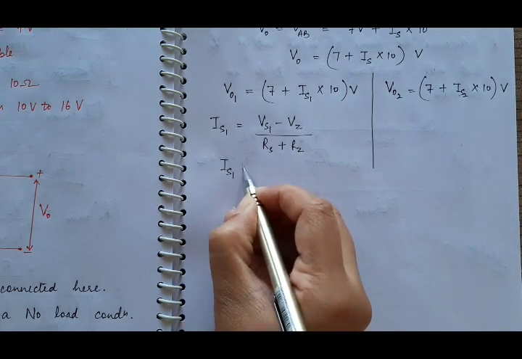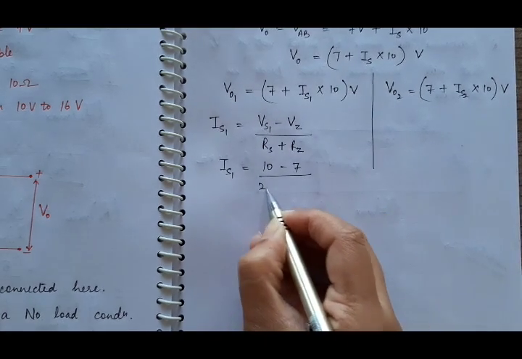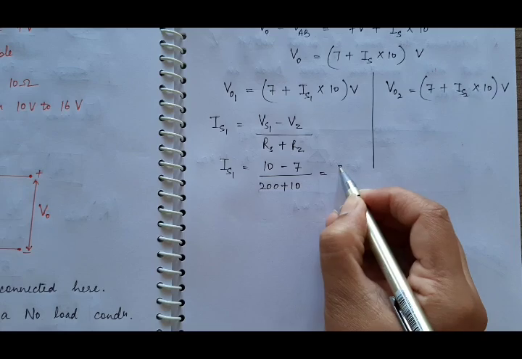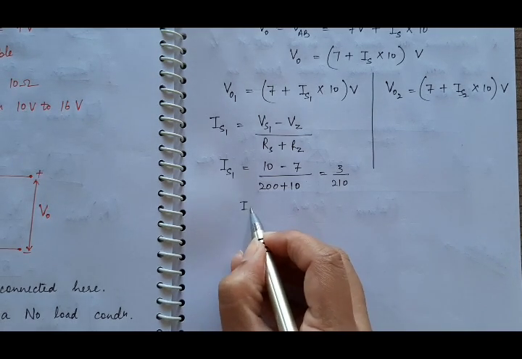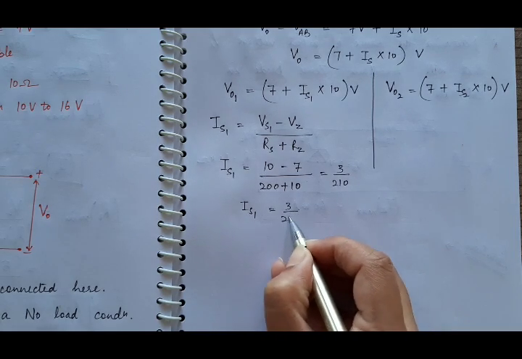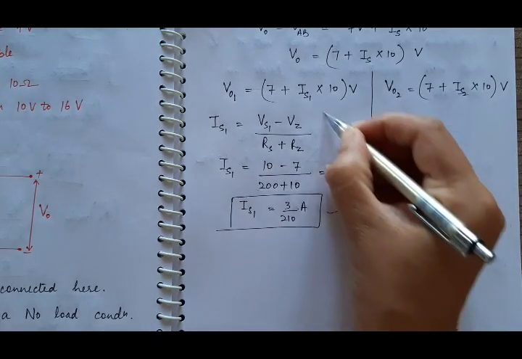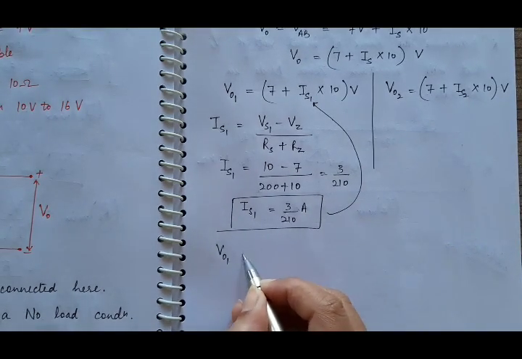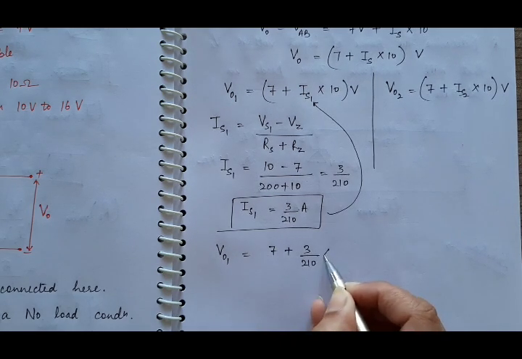So IS1 is 10 minus 7 divided by 200 plus 10. So it will be 3 divided by 210. So IS1 is 3 divided by 210 amperes. And put this value here, you will get V01. It will be 7 plus 3 by 210 into 10.